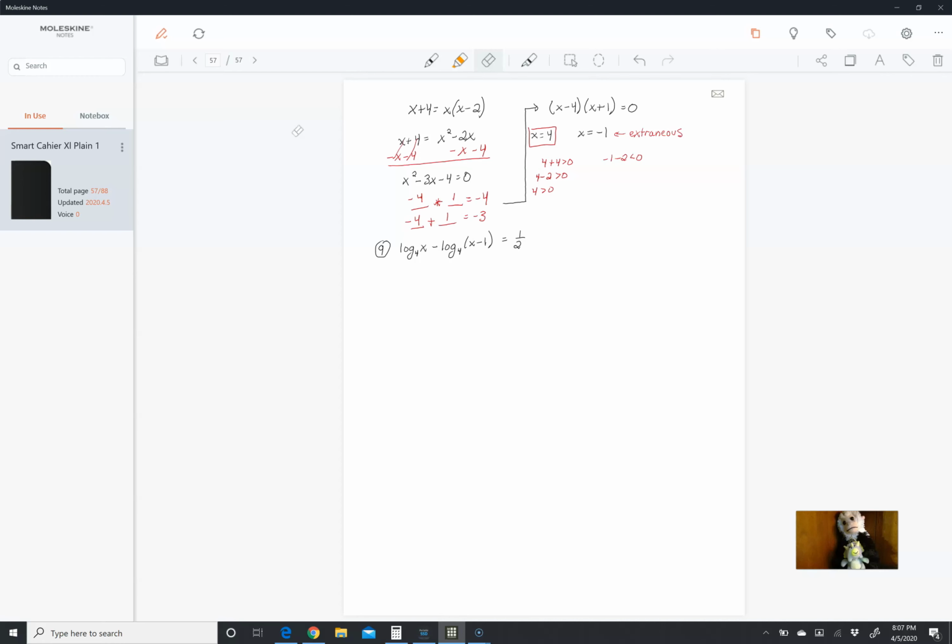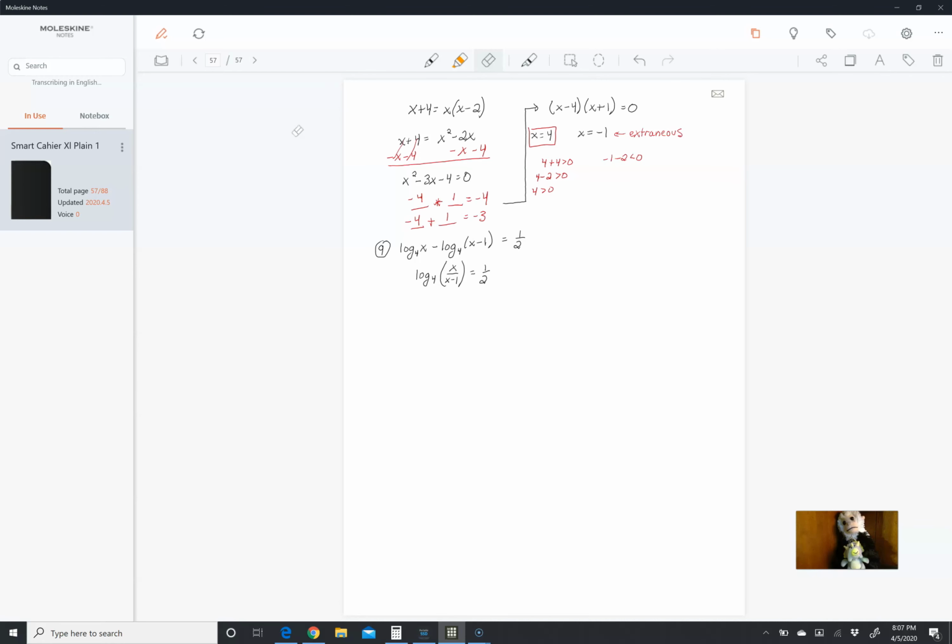Okay. So we have 2 logs on the left, so we have to condense it. So we get log base 4, and we're dividing, x over x minus 1 equals 1/2. Okay.